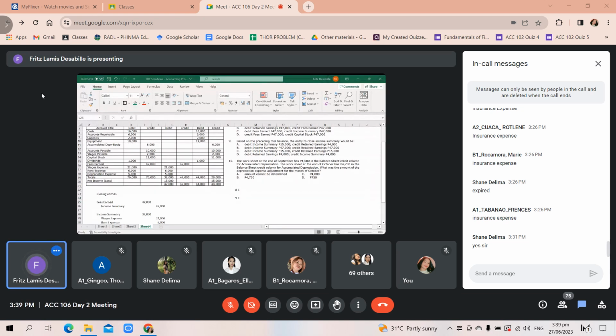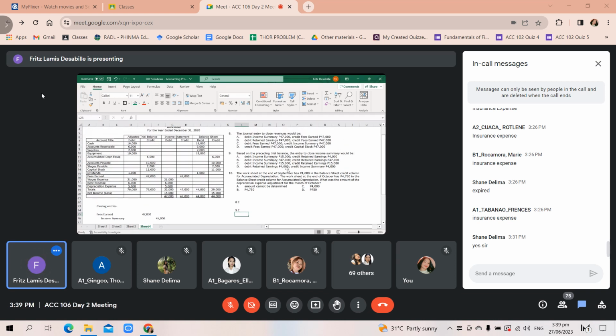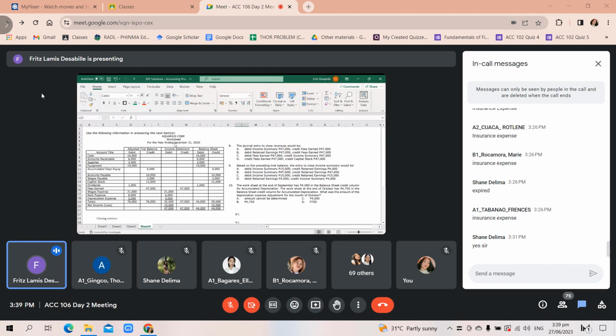So number 10, the worksheet at the end of September has 4,000 in the balance sheet credit column for accumulated depreciation. The worksheet at the end of October, again, the end here, guys, is December 31, but they're talking about transactions or balances in the prior months.